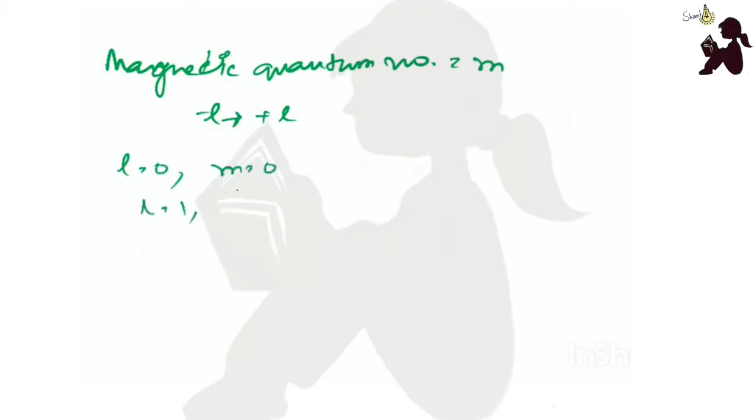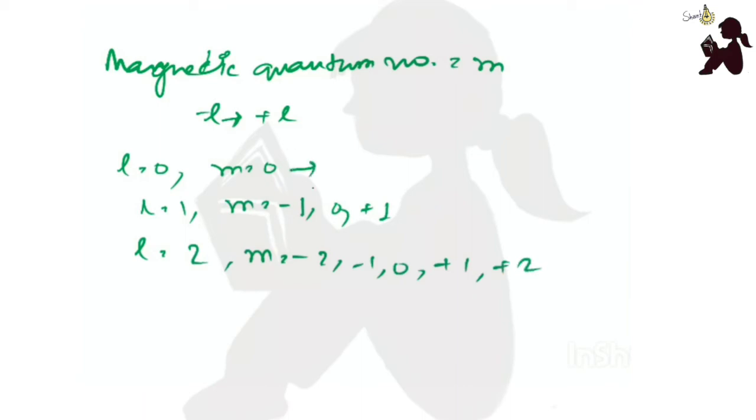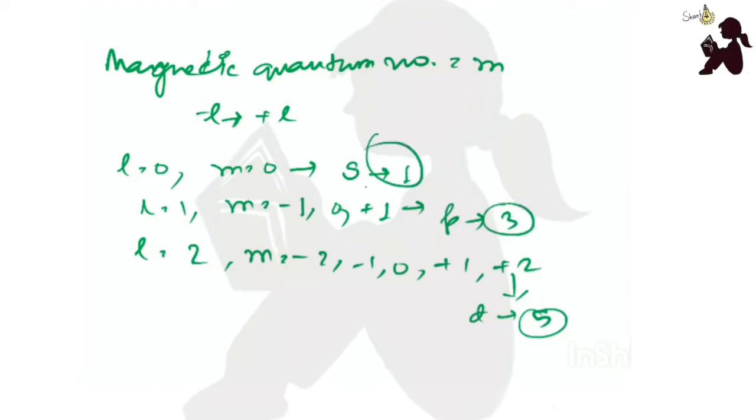But if L equals 1, m can be minus 1, 0, plus 1. If L equals 2, then m's value can be minus 2, minus 1, 0, plus 1, plus 2. That is why s has 1 orbital, p has 3 orbitals, d has 5 orbitals. Okay, so it is deduced from this.